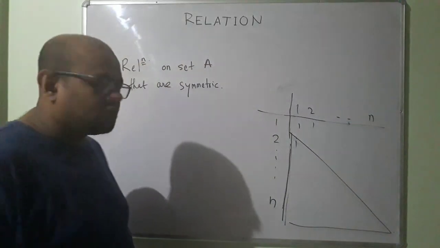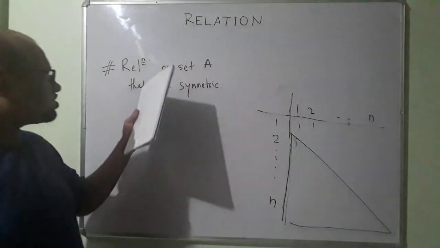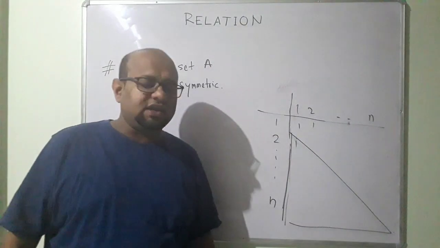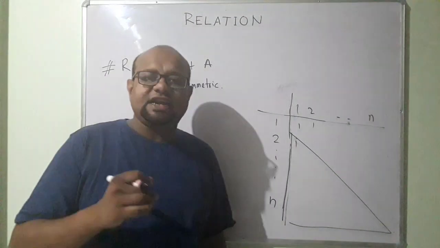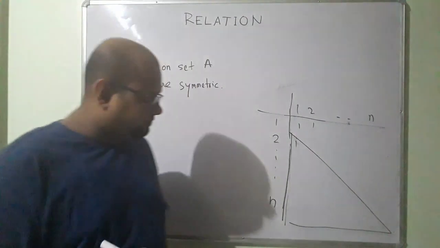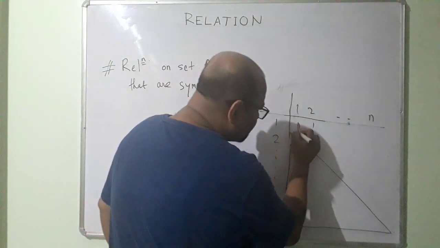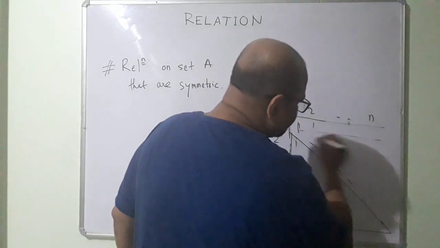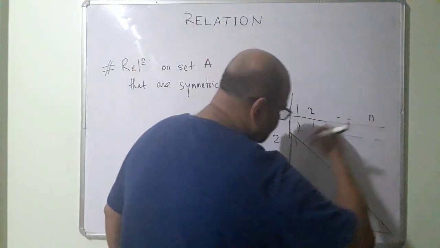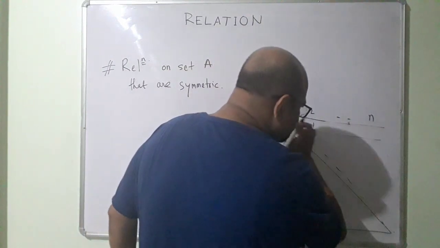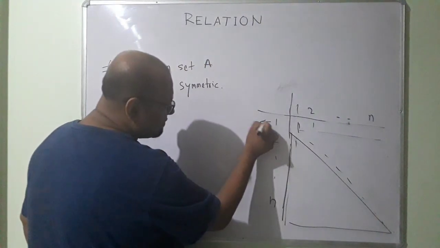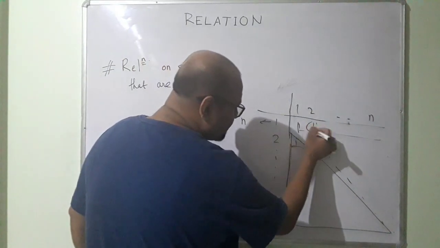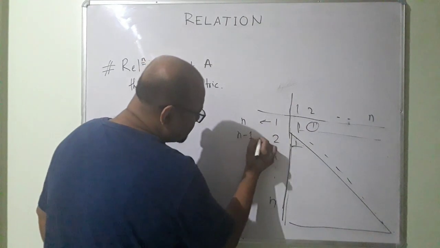So my question: how many relations on this set A are possible that are symmetric? How many places are there that I can fill? The diagonal I can fill, and the upper triangular matrix I can fill. In the first row, there are n positions that I can fill. In the second row, this one is gone because it depends on the first row, so I have n minus 1 positions.